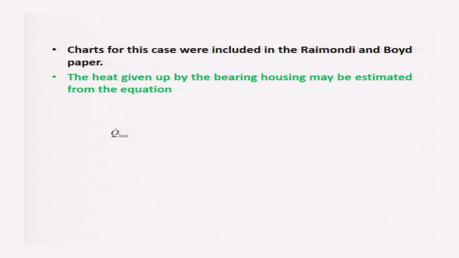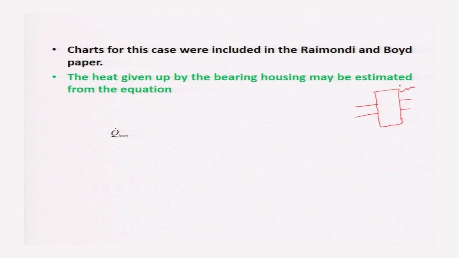The heat given up by the bearing housing may be estimated from the equation. That means the bearing housing in which the bearing is there and the shaft is there. Through this housing, the heat will be dissipated.